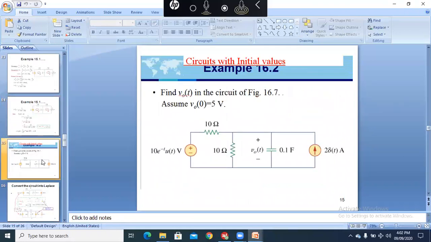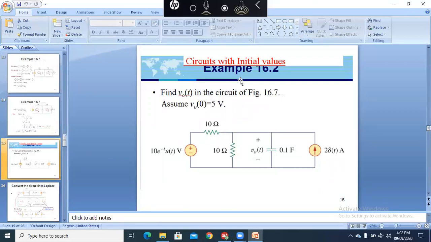Now we consider the circuit with initial values. So we have to find the voltage across the capacitor, assuming that the initial voltage across the capacitor is 5 volts. So now we have to consider the initial value of the capacitor as well.